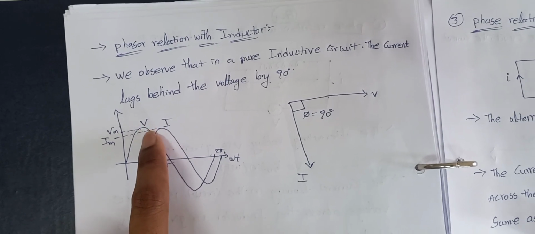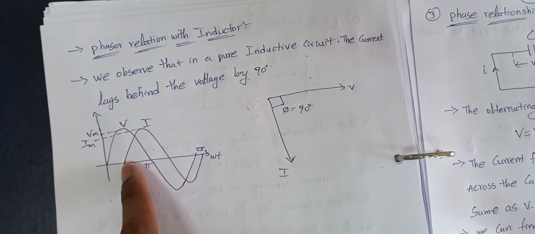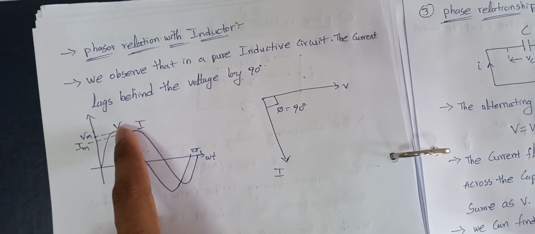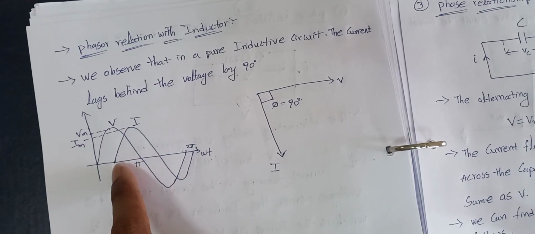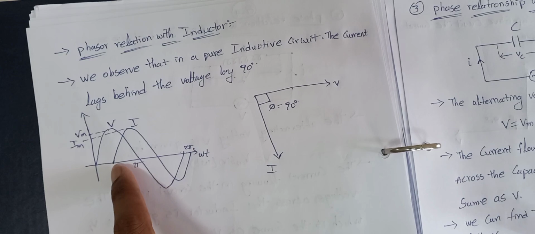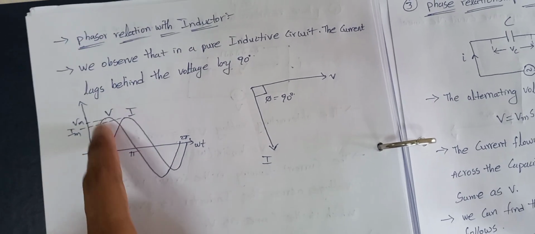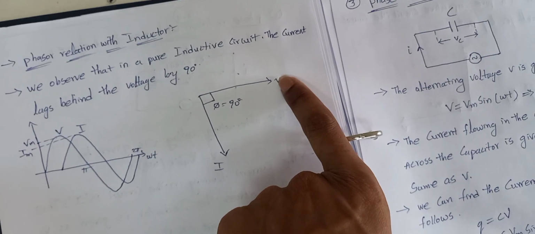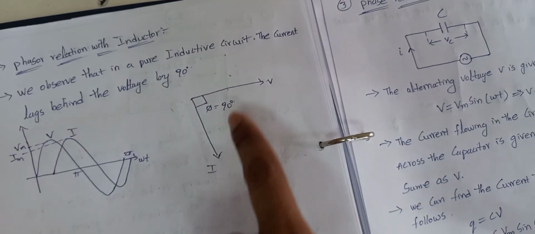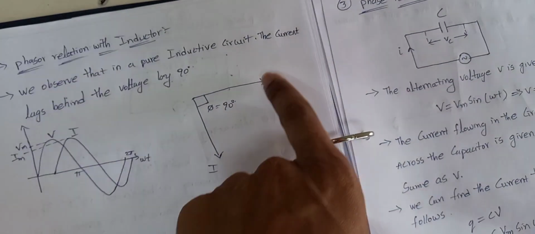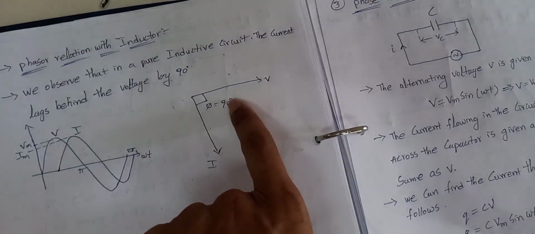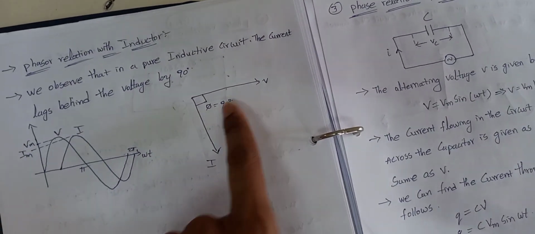Where maximum voltage is there, the current is 0, exactly at 90 degrees. That is the phasor diagram we drew here. Voltage is maximum, so it is in the upper side, and the current lags by 90 degrees.